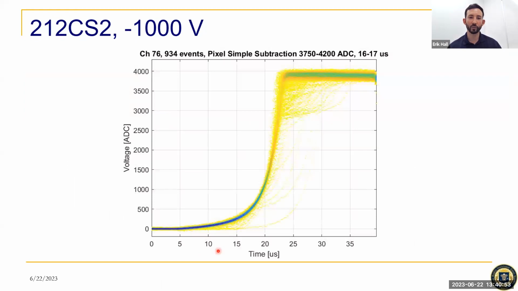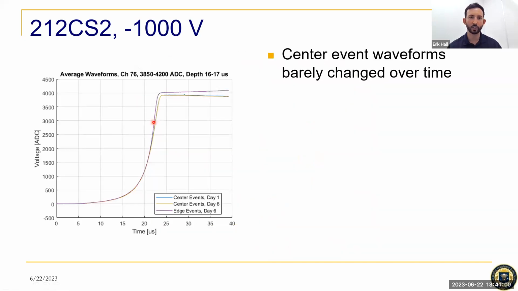So we're still researching why it's happening, but maybe this isn't the best one to show. This difference here implies that the center is not changing over time while the edge of the pixel is. Based on the shape of the waveform, it implies that, as the electron cloud is traveling, electrons are getting trapped in the crystal structure and then getting detrapped and continuing to move.